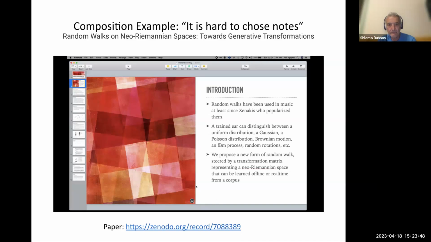We can say that a trained ear can distinguish between a uniform distribution, a Gaussian, a Poisson distribution, Brownian motion, random rotations, etc. In this talk, we propose a new form of random walk steered by a transformation matrix representing a Neo-Riemannian space that can be learned offline or in real time from a corpus.